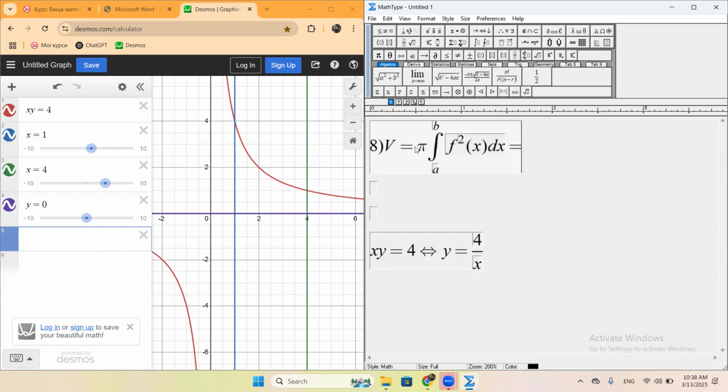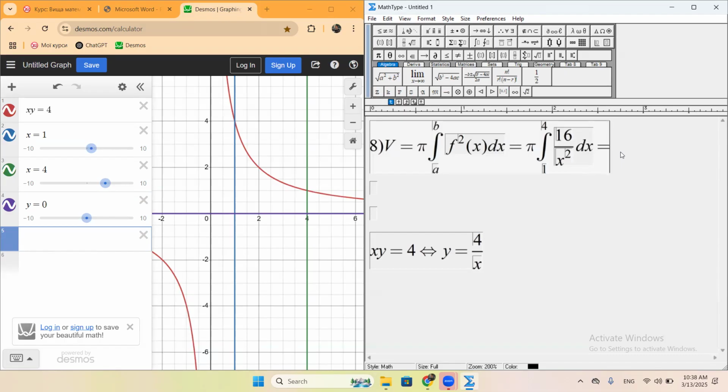And the bounds of integration are 1 and 4. So from 1 to 4, 16 over x square dx.